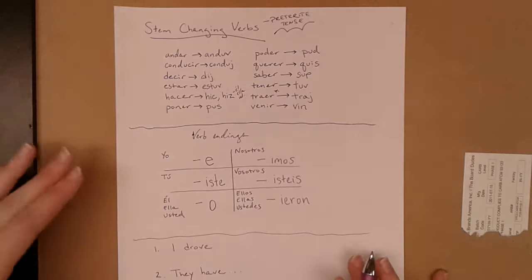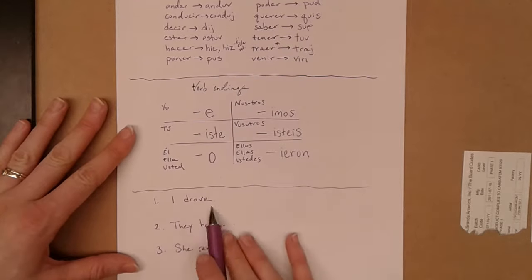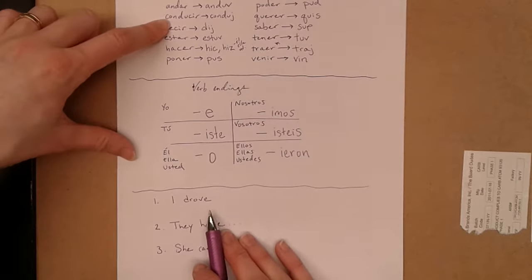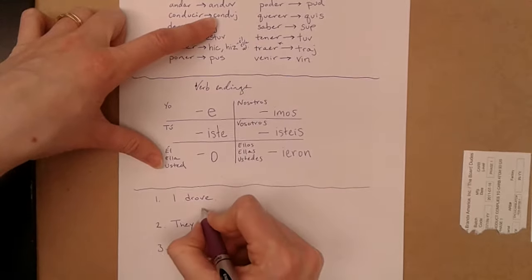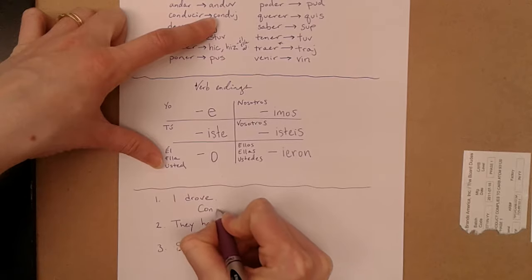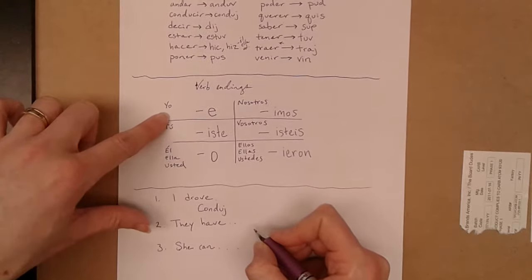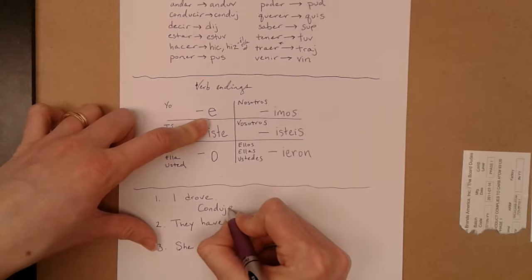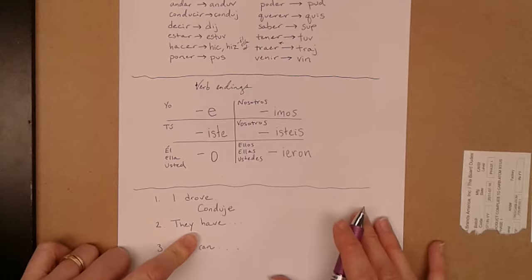All right, let's go through just a few examples down here. So to say I drove, conducir is to drive. We first have to change our stem. So first part, conduj. And I want to say I drove, yo conduje. Next example, they have.